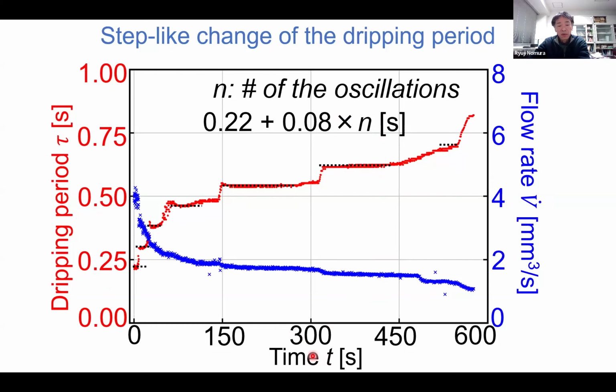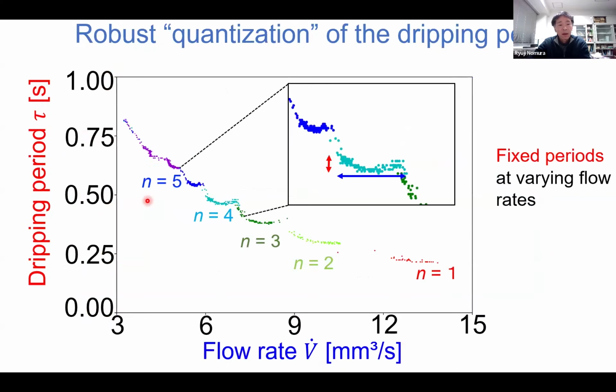This was plotted against time, but next I plotted this tau against V dot. Okay, this is the dripping period tau as a function of the flow rate V dot. I think this is a more essential plot. You see it also changes in step-like changes. We have a stable region and it sharply changes to the upper step like this.